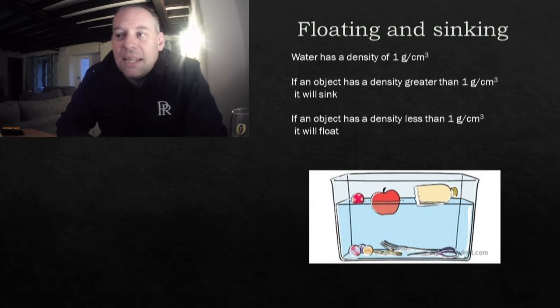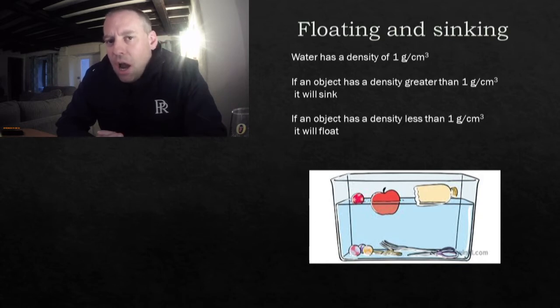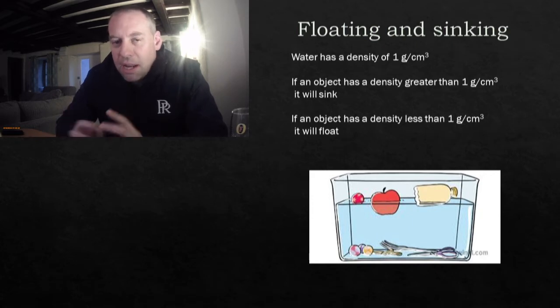If the object has a density less than 1 gram per centimetre cubed, it's going to float. And it actually floats by the percentage above what it is. So if I've got something that is 0.9 grams per centimetre cubed, 90% of that object will be below water, 10% will be above water. The difference between the two densities will give us how much is sticking out of the water.